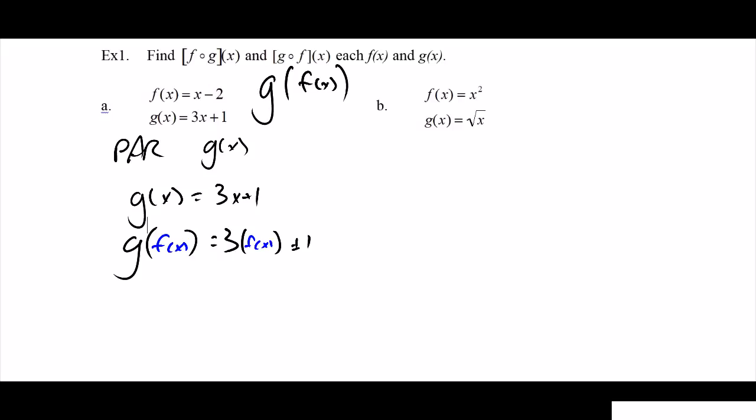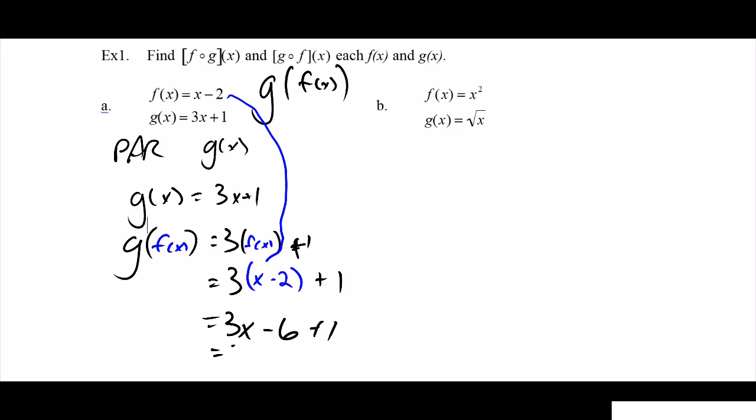Now, what is our f of x? We're just going to take this function right up here and put it right in here. So 3 times x minus 2, plus 1. So now we distribute: 3x minus 6 plus 1 is equal to 3x minus 5. And that is our answer.